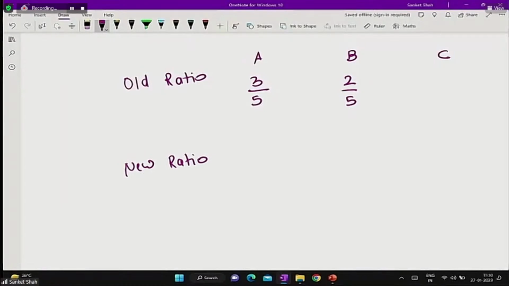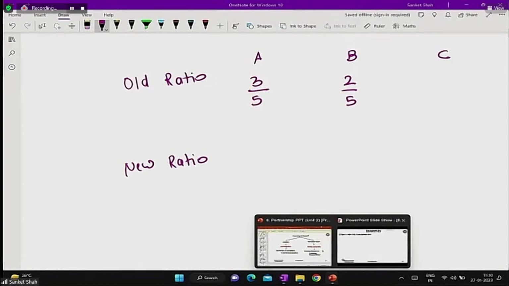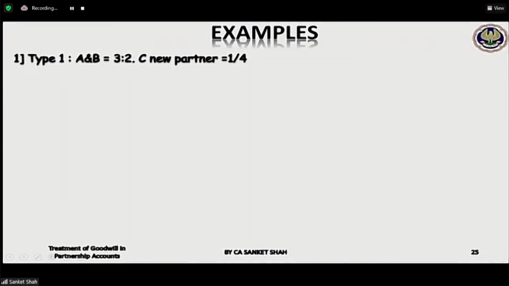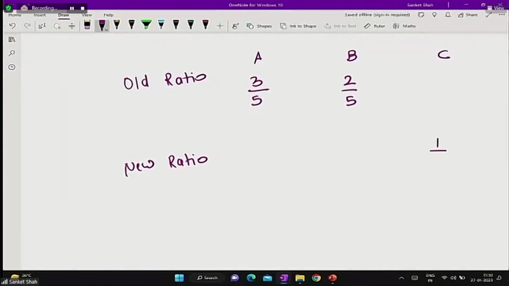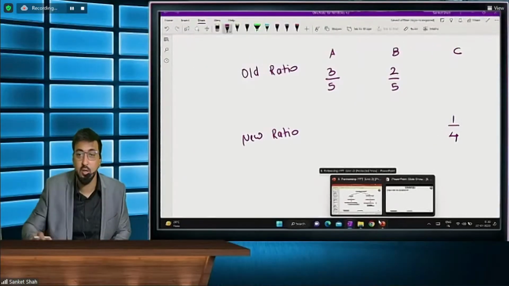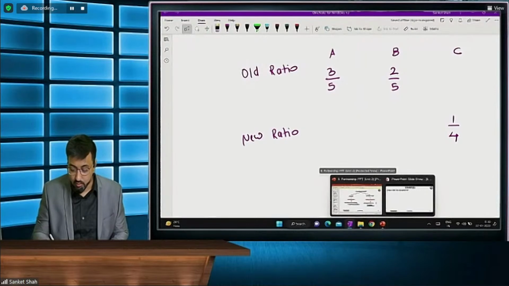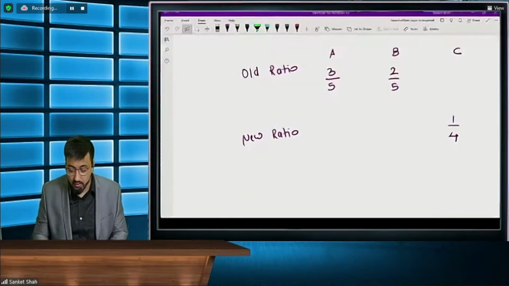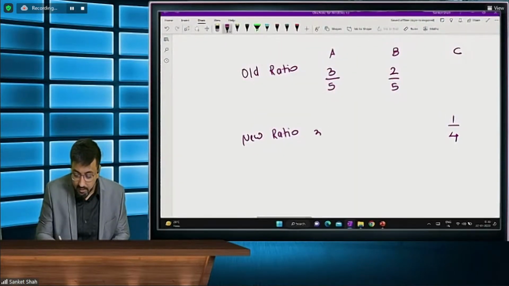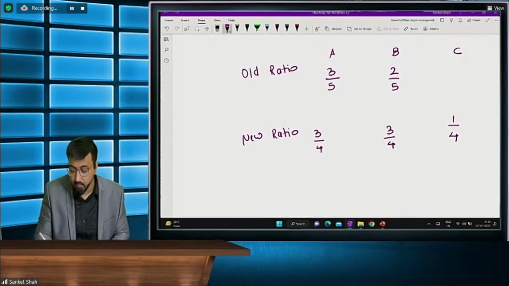New ratio: we have given C a 1/4 share. So how to write this? Understand, we have given 1/4 share to C. So tell me, what are the remaining chocolates? Remaining chocolates are 3/4.